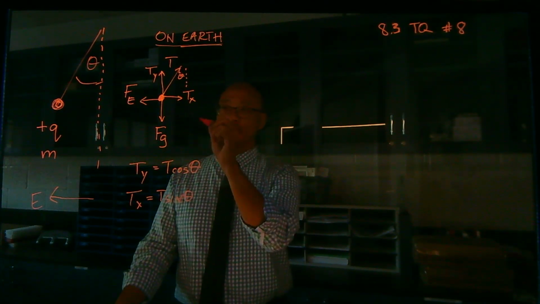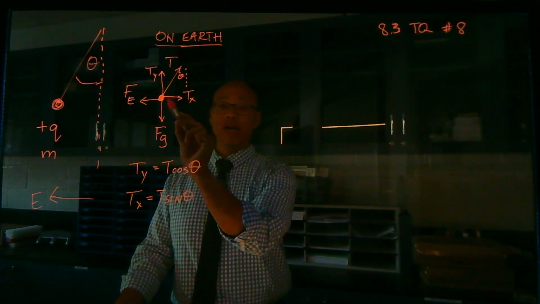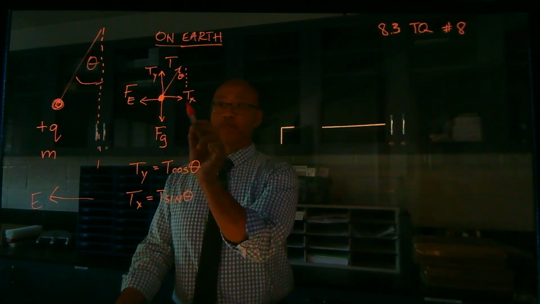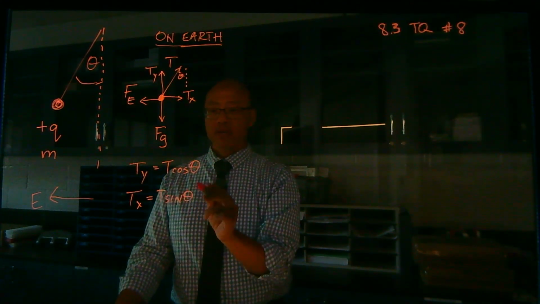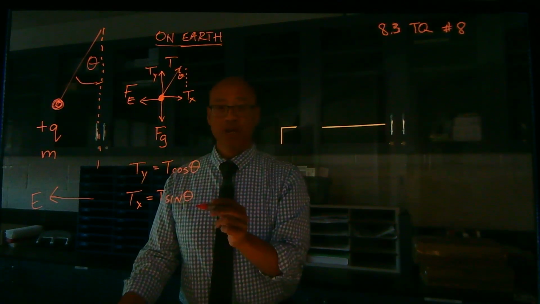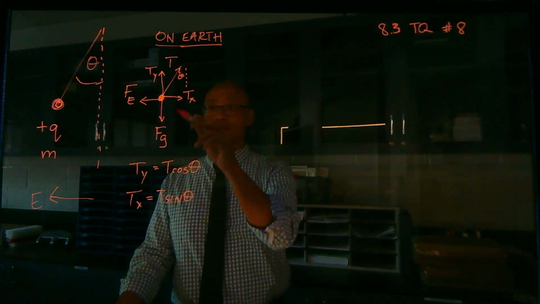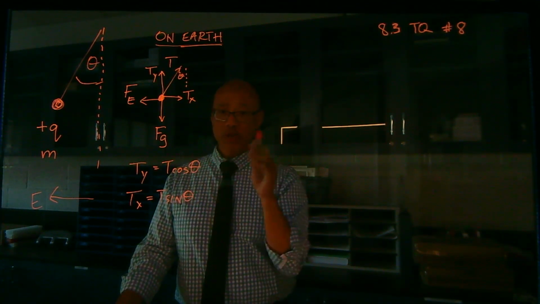Since this thing is just hanging there, it's in static equilibrium, so it's not moving and not accelerating, then these two have to be equal and these two have to be equal.